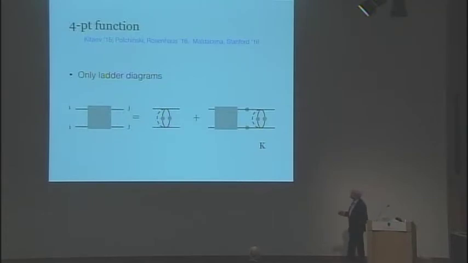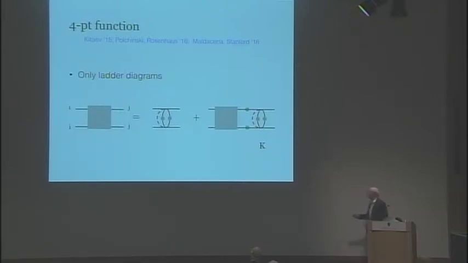Now, what Kitaev did, and then followed up by Polchinski and Rosenhaus and Maldacena and Stanford 2 years ago, was to use this solution of the 2-point function to start solving the theory. In these large N expansions, once you have the 2-point function, in this case, everything else is a linear problem and can be explicitly calculated.